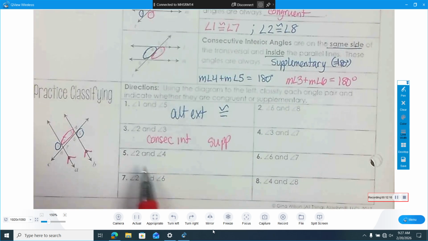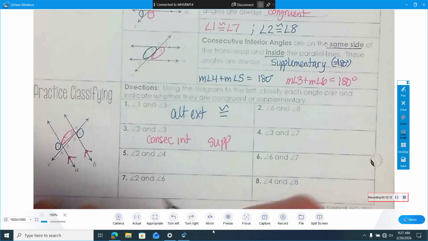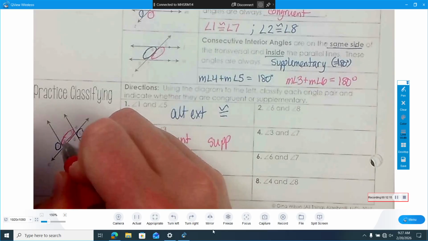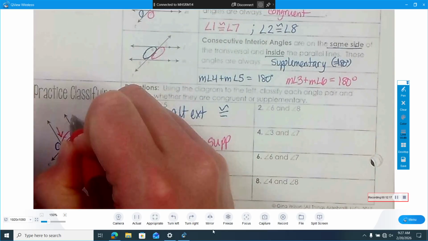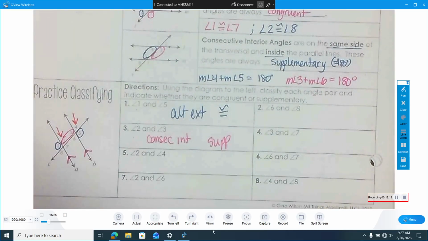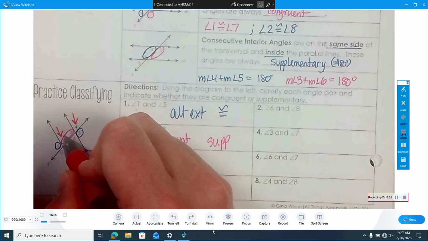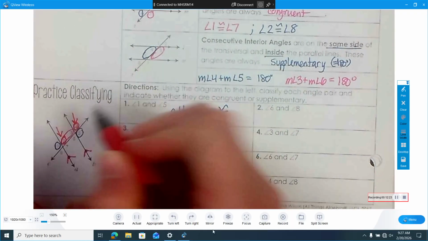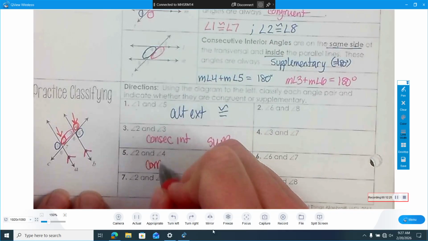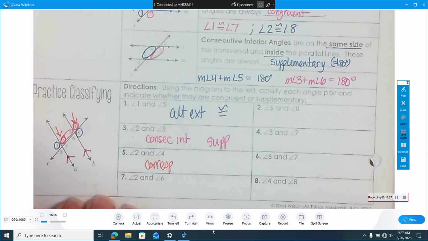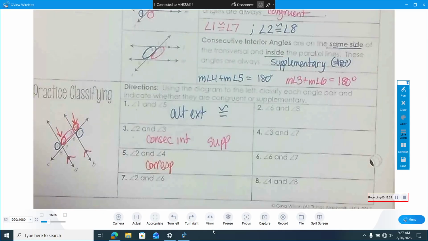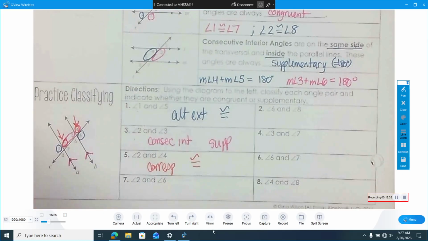All right. What about angle 2 and angle 4? Very good. Angle 2 and angle 4, those are corresponding. Yeah, they are corresponding. Corresponding angles, are they congruent or supplementary? Congruent. Very good. All right, and then let's see.